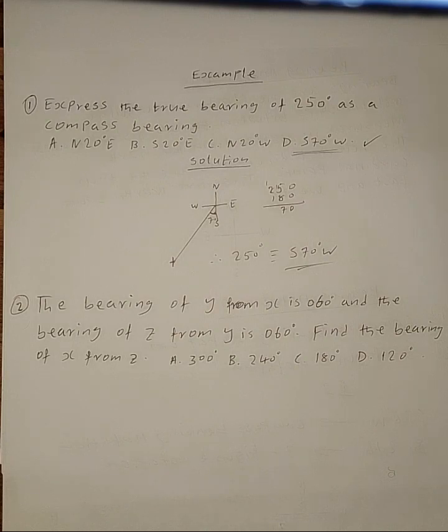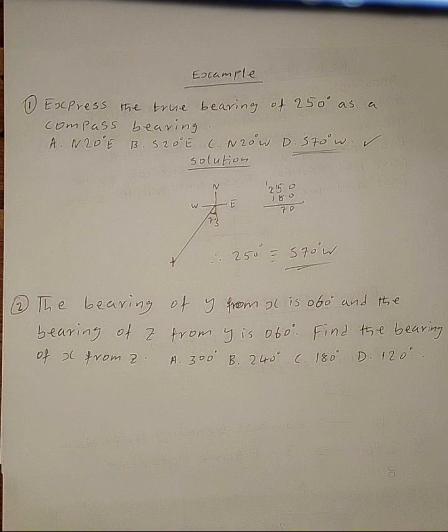Find the bearing of x from z. Option A says 300 degrees, option B says 240 degrees, option C says 180 degrees, option D says 120 degrees. Let's tackle this.